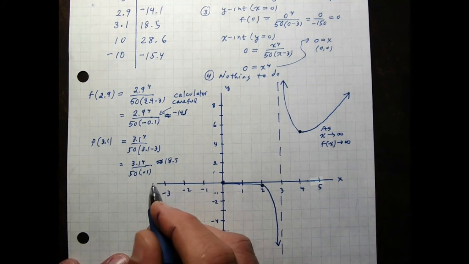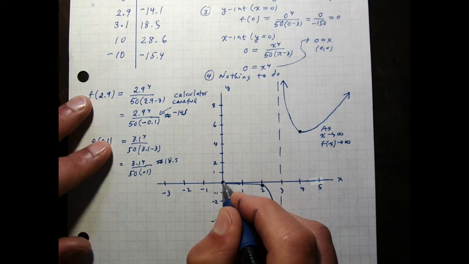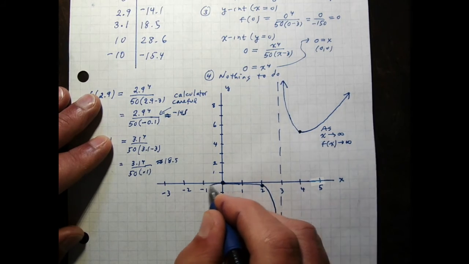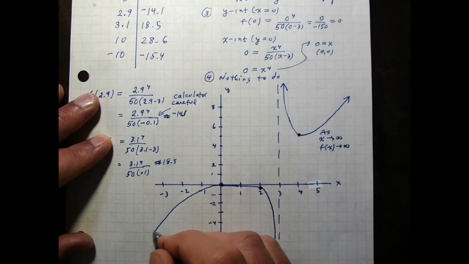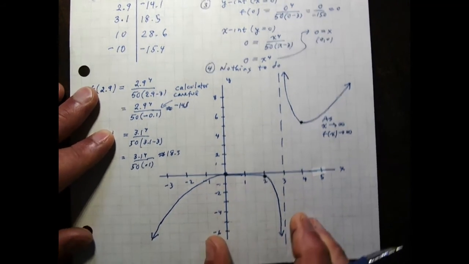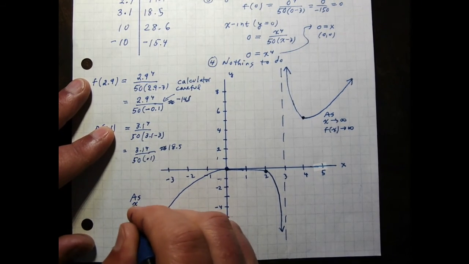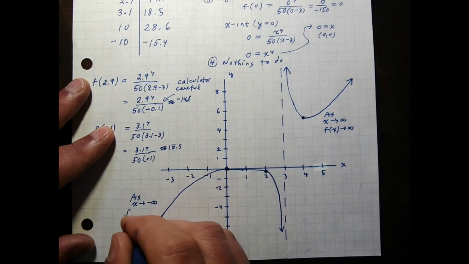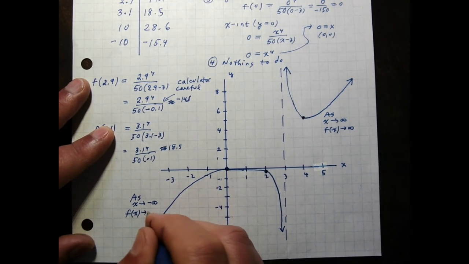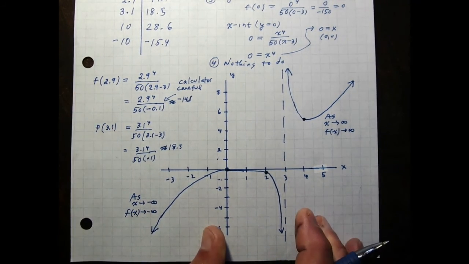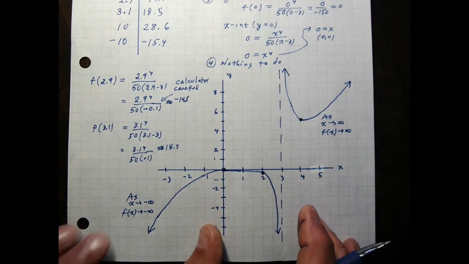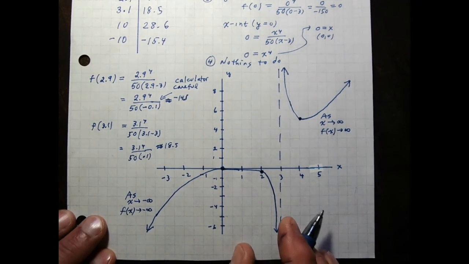And at negative 10, we're negative. That's just sort of telling me, now I don't have to get the shape perfectly. I just know the graph is going to go plunging downward now. So as x approaches minus infinity, f of x approaches minus infinity. No horizontal asymptote, but we have been able to identify the end behavior.